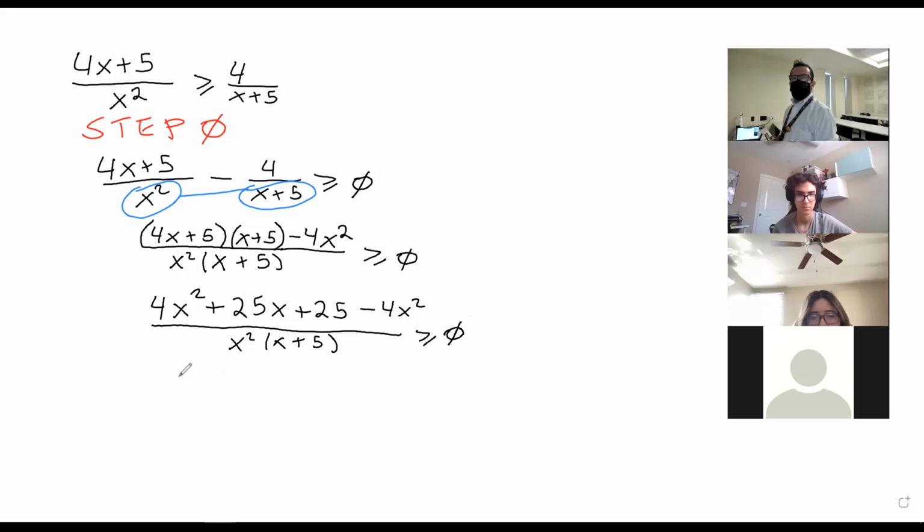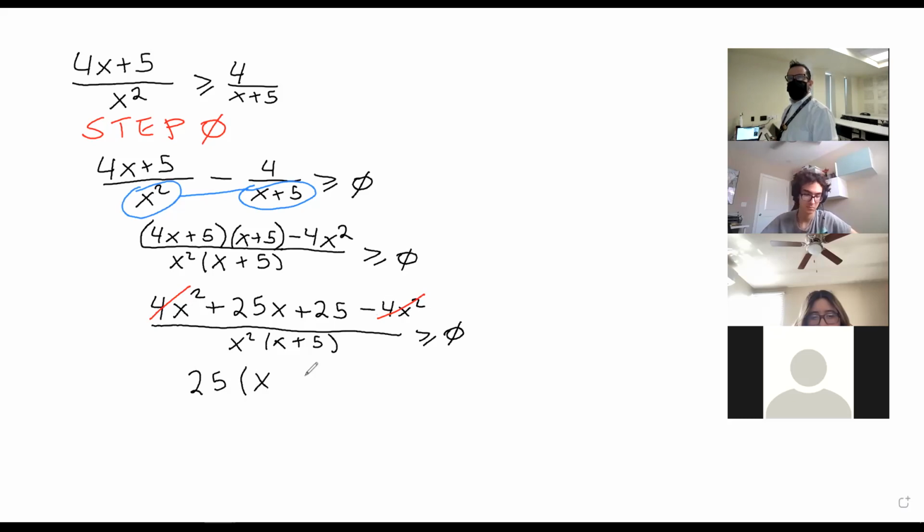What we see here is that the 4x squared terms are going to be eliminated, and again, check me on this just to see if I don't make any mistake. And if I do, let me know, please. And we're going to have 25, and I'm going to factor that.